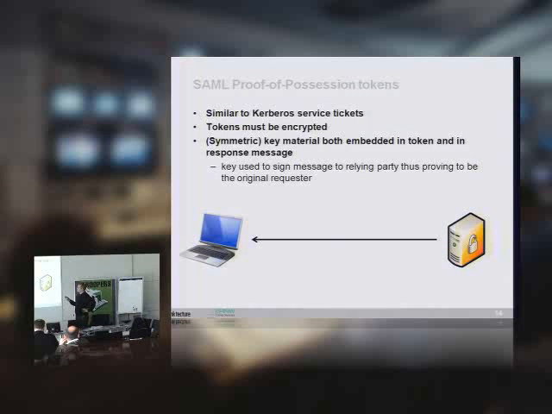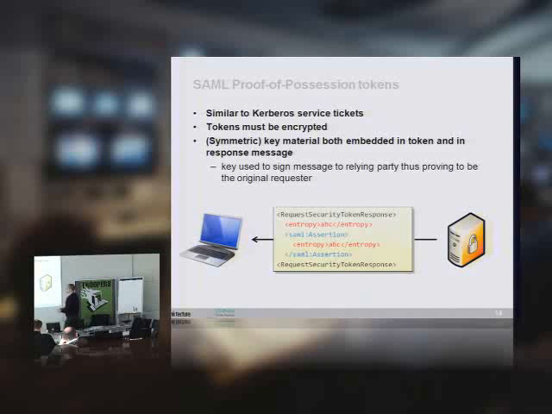So basically you are making that request and you give the server one half of a key, okay? That is called client entropy. And the token service generates the other half of that key, and that key together is used to generate a session key, and this session key will be embedded in the SAML token, okay?